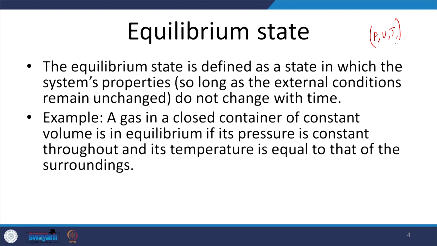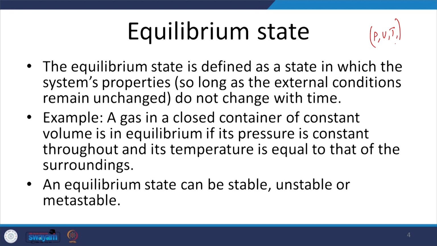It can go up or it can go down. When the temperature is changing, the pressure will change, because you have held the volume constant, the pressure is bound to change, right. So if this exchange is not happening, if the temperature is the same inside and outside the system, there is no reason for the pressure to increase or decrease. So this state is generally referred to as an equilibrium state, right.